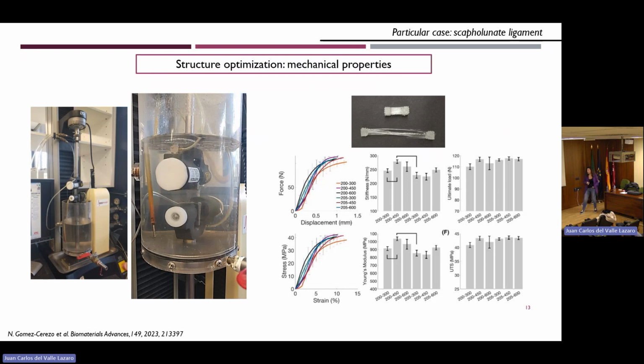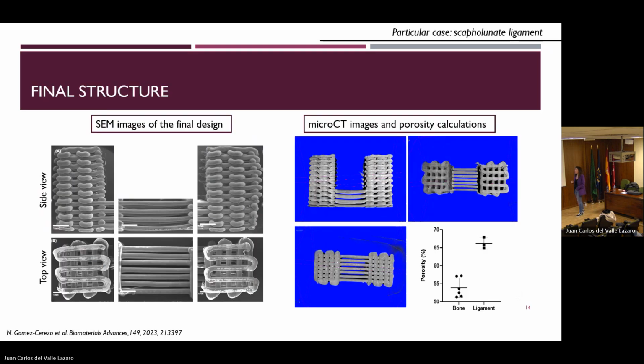So I optimized the condition to 600 millimeters per second printing speed and 200 degrees. After the optimization, I printed the scaffold, which is quite nice, I think. We got this organized structure. And look, now I included the bone plugs. This is going to be inside the bone.